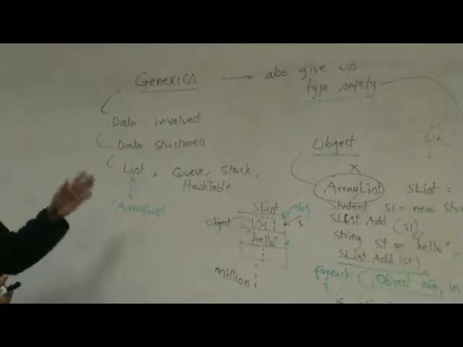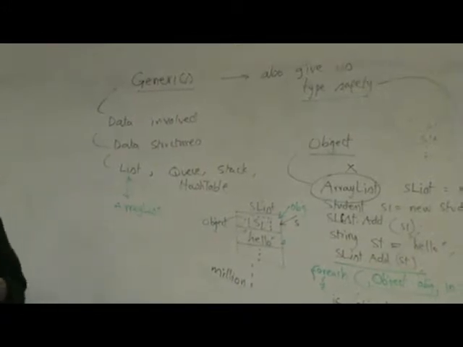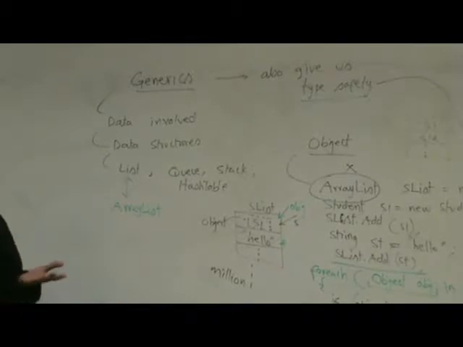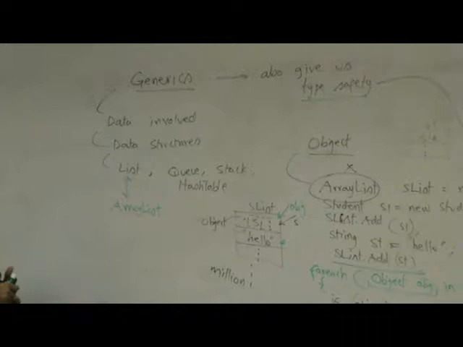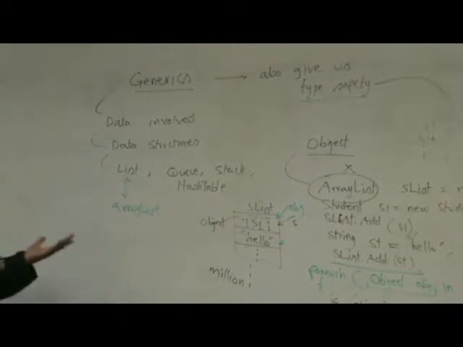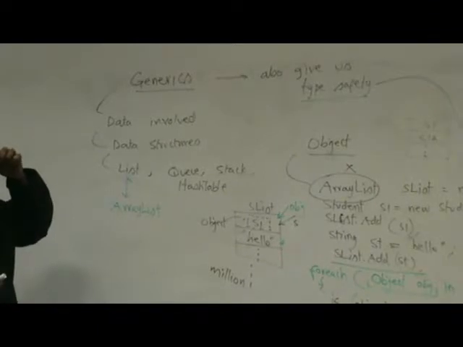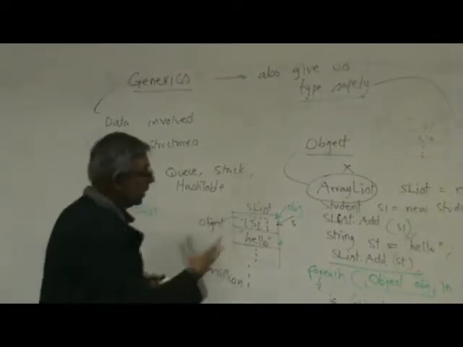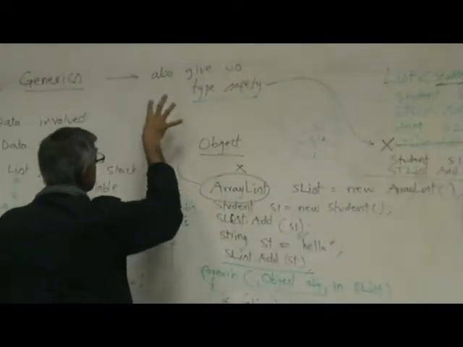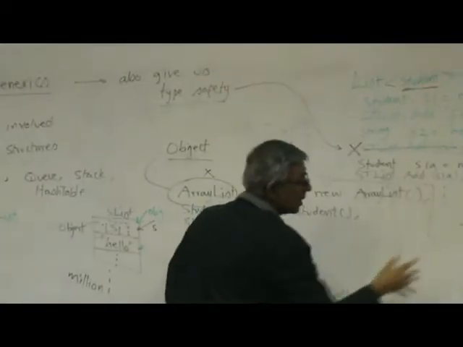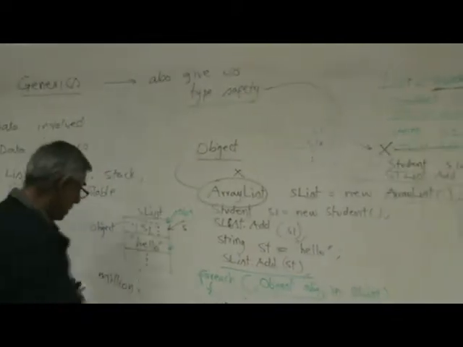A lot of the data-related classes that are already in the library are generics to begin with. If you are creating your own very special data structure, you can make it generic, just like we discussed last time.